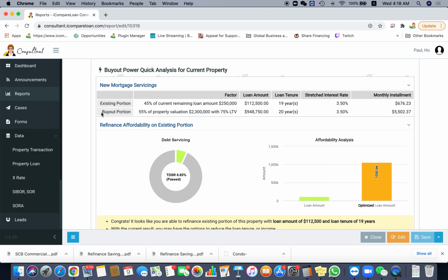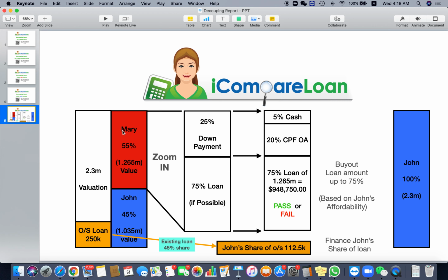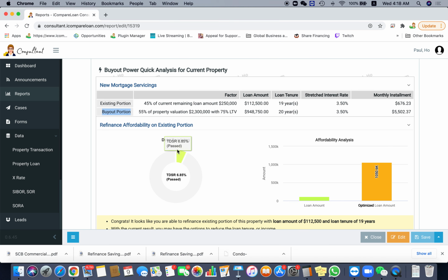So the buyout portion, what's the buyout portion? This portion here, right? This is the buyout portion, the 55%. The buyout portion, 55% of the property valuation of 2.3 million with 75% loan to value, is $948,750, right? Based on John's age, we reckon he can do 20 years.